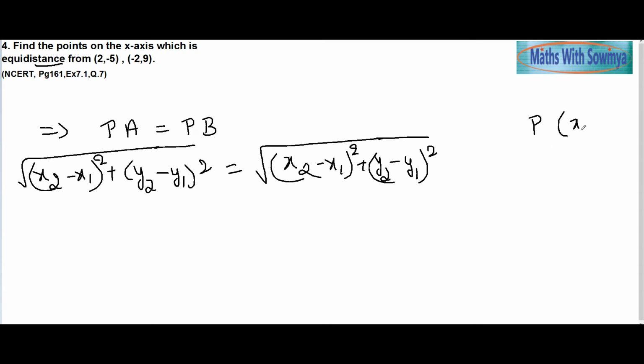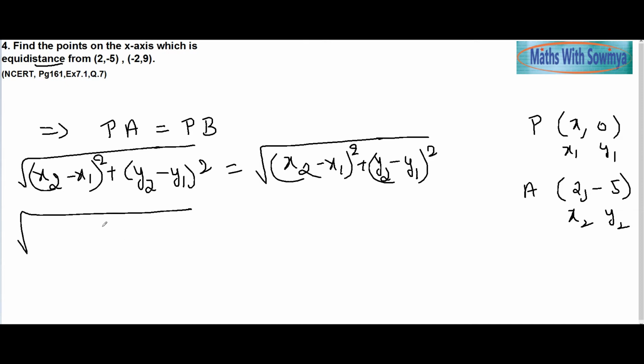P is known x comma 0, call it as x1 y1. Next is A. A is given to be 2 comma minus 5, call it as x2 y2. Proceed with this. So what is x2? x2 is 2. x1 is x. 2 minus x whole square. y2 is minus 5, but here y1 is 0 square.